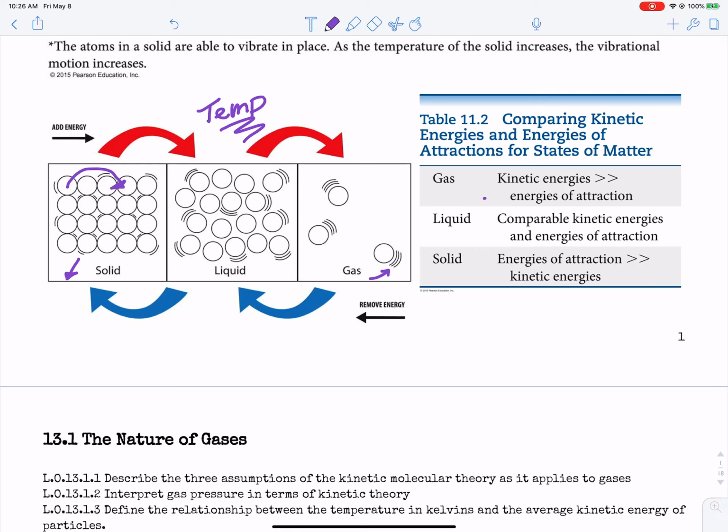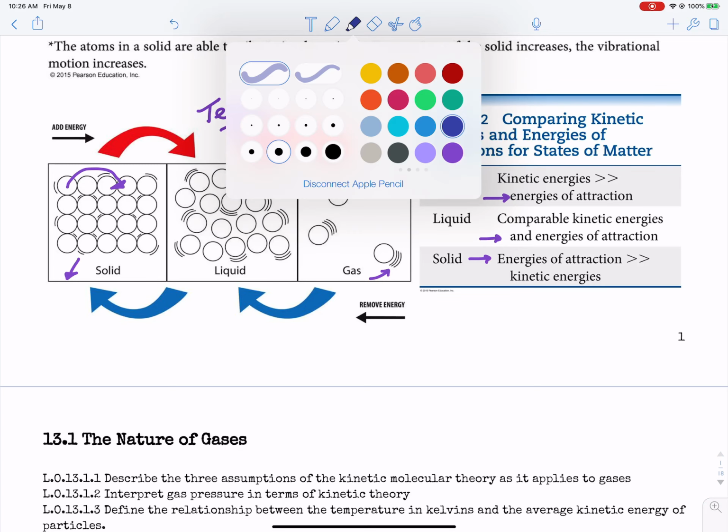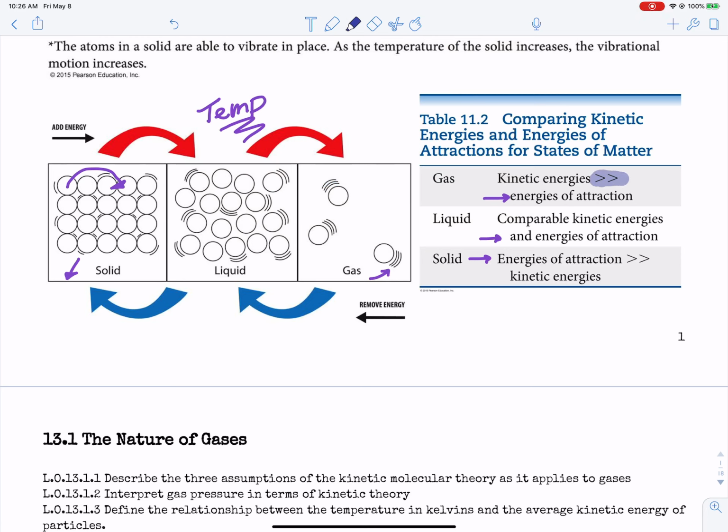It's all about this energy of attraction. Those are the two things that really make a substance a particular state at a given temperature. That in a gas, the kinetic energy of the particles is much greater. That's what this symbol right here is stating, that the kinetic energy of the particles is much greater than the energy of attraction.